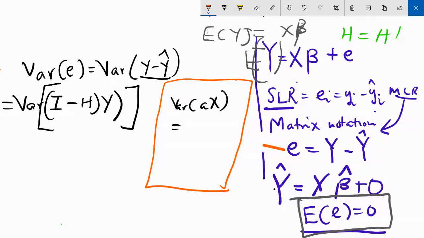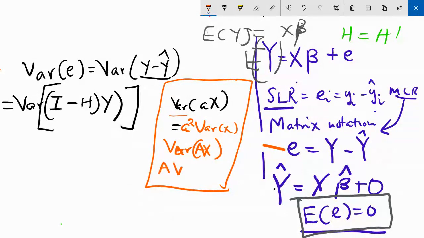This is the same as what? Yes? a var x. I think there's something missing. a squared. Not a transpose. Thank you.